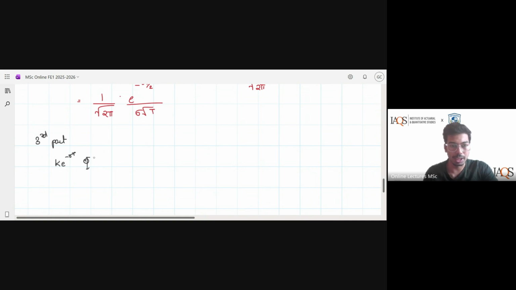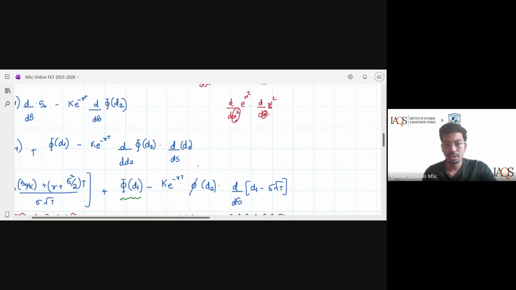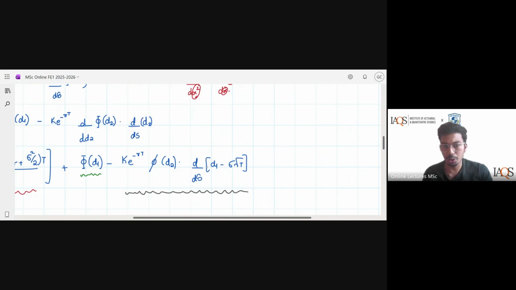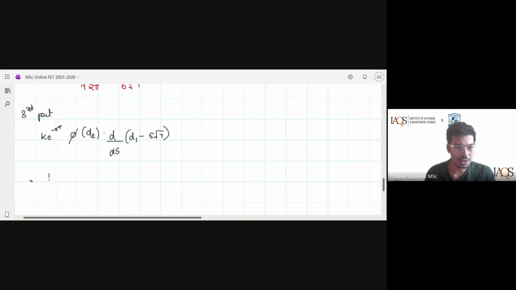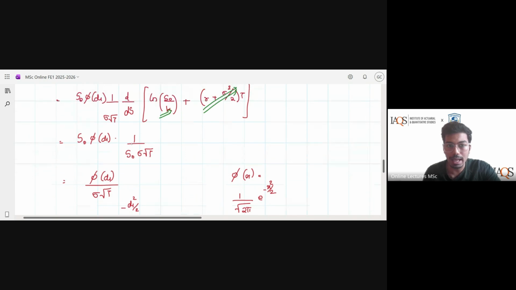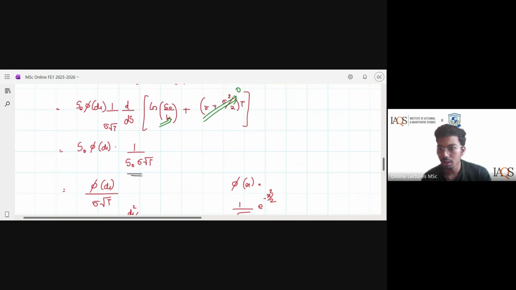So this became the PDF above when we solved. Phi of d2 into d by ds of d2, or d1 minus sigma root t. That was the equation: k into e raised to minus rt phi of d2 d by ds of d1 minus sigma root t. Now, d by ds of d1 is 1 by s0 sigma root t.